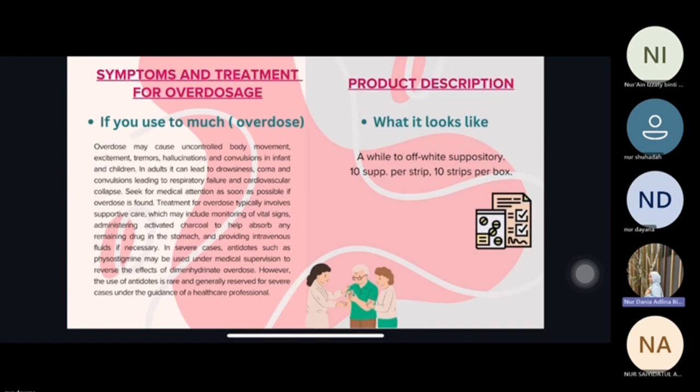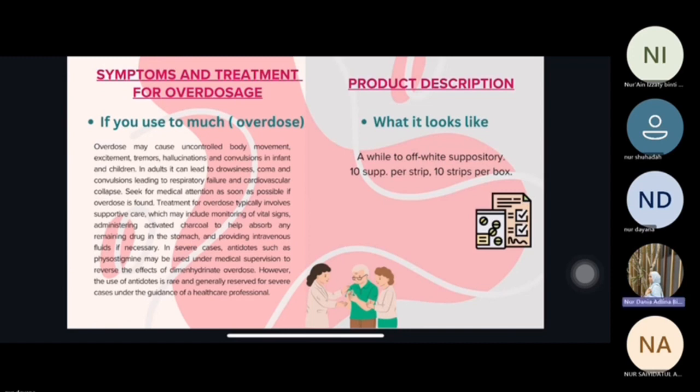In severe cases, antidotes such as physostigmine may be used under medical supervision to reverse the effect of dimenhydrinate overdose. However, the use of antidote is rare and generally reserved for severe cases under the guidance of a healthcare professional.